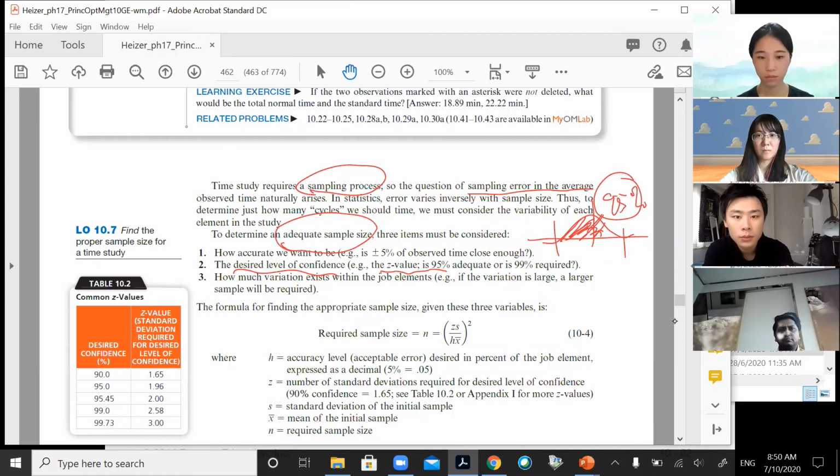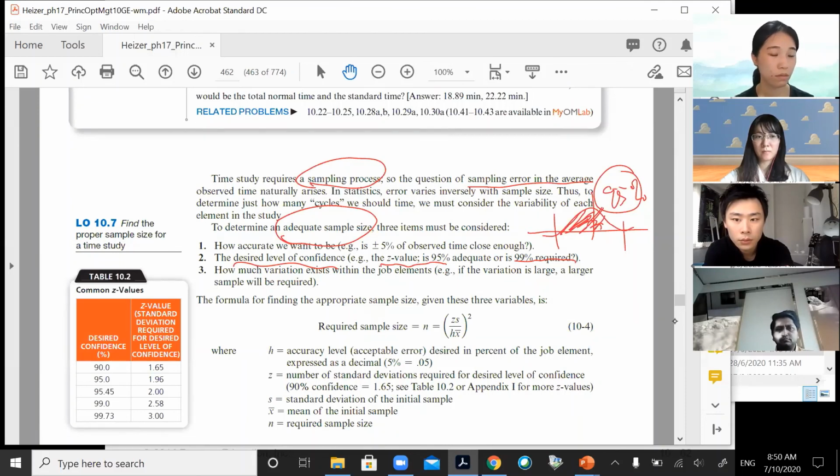Obviously, if you haven't seen the normal distribution before, then you probably need to revise your statistics. So how accurate do we want to be? For example, 5% of observed time is close enough, at the 95% level of confidence or 99%. The higher the accuracy, of course, the more samples you have to take.